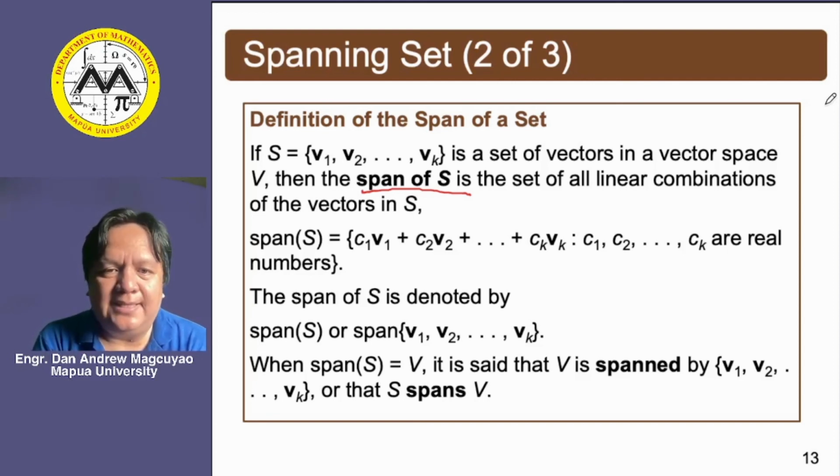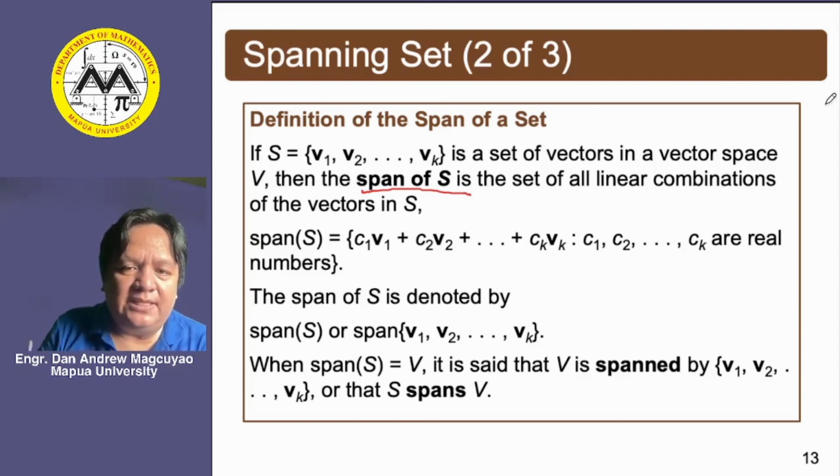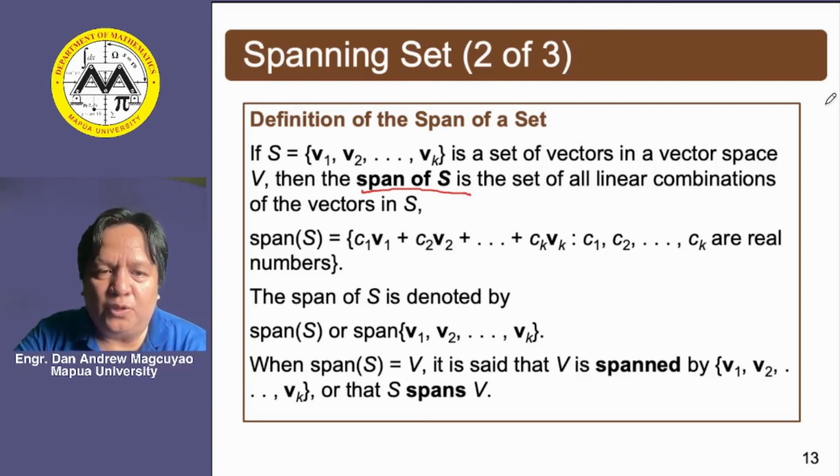The span of S is denoted by span S, or span of the set that contains the vectors in S, where span S is equal to V. It is said that V is spanned by the vectors v1, v2 up to vk, or simply S spans V.